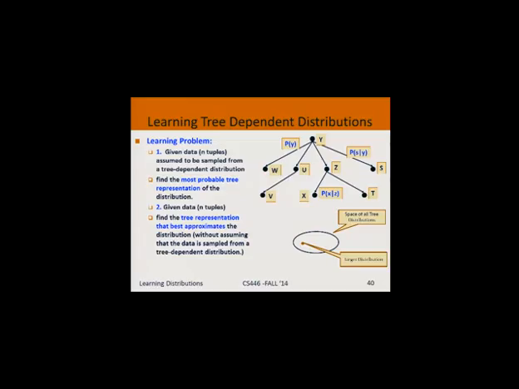Question 2 says, let's consider the space of all distributions, much larger. Now the target distribution could be here. Still, my hypothesis is going to be this black circle. So I'm going to try to find something here that is the closest to the distribution that generated the data.